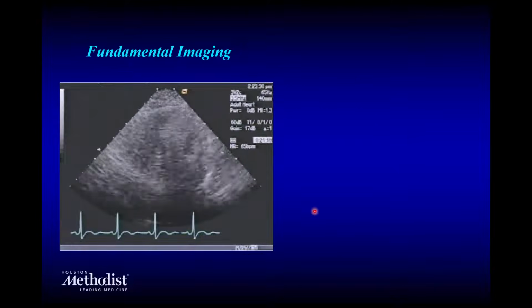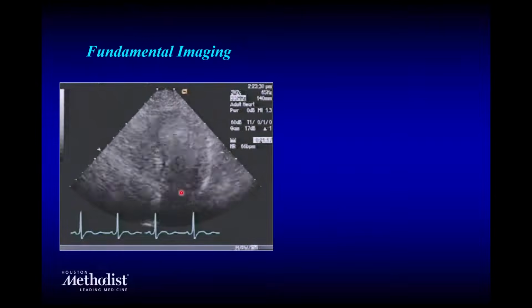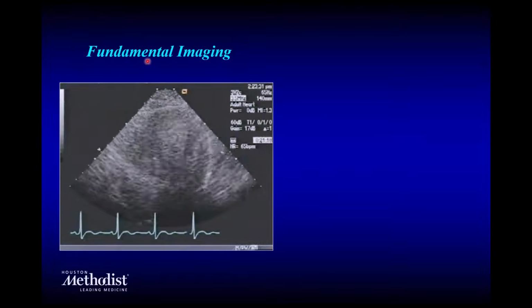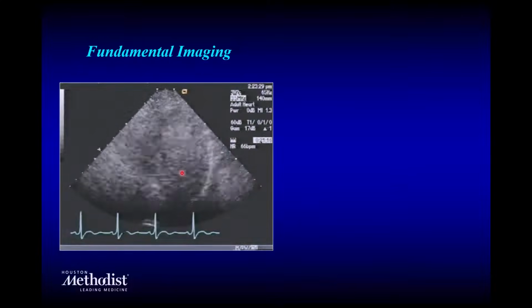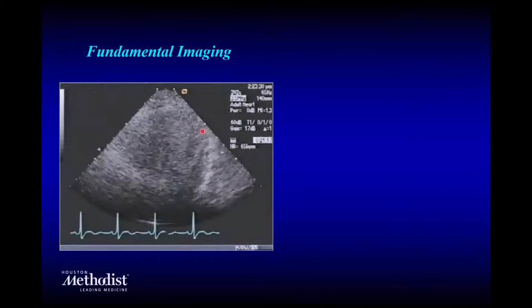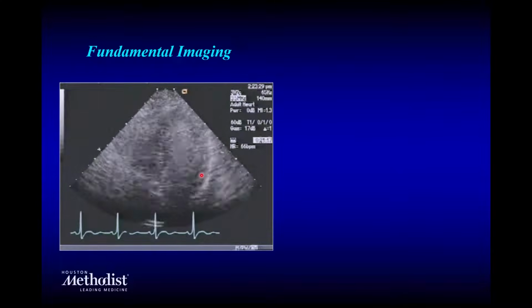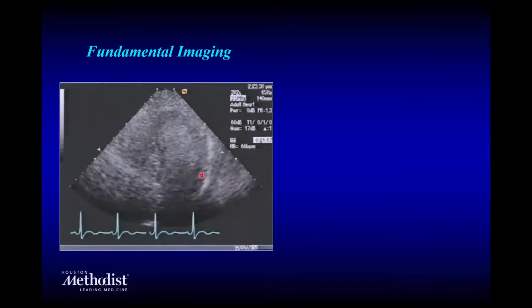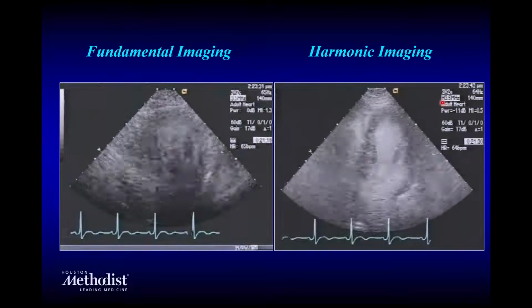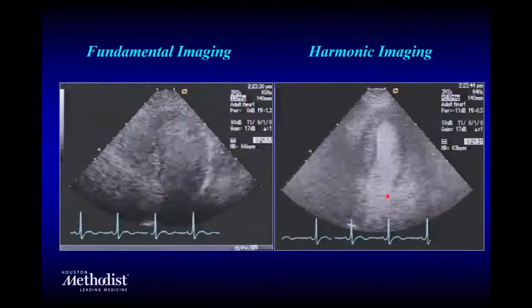So I know I alluded to fundamental imaging versus harmonic imaging when you use contrast. Take a look at this. This is contrast used with fundamental imaging. Notice that I'm not seeing much differentiation between the contrast itself and the myocardium. It's really not enhancing much of my image delineation of the border. Now notice that if I just put this mode into harmonic, and there's an H there, the image from contrast per se is much brighter.